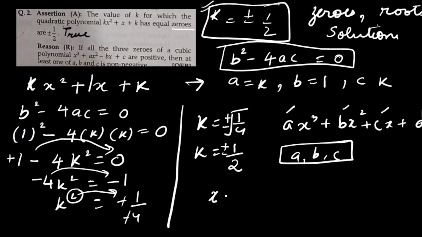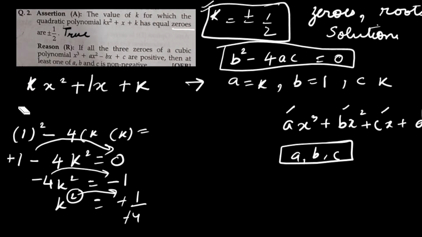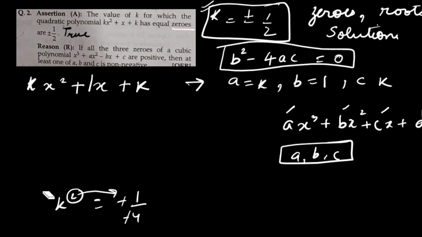If I have something like x plus 1 into x minus 1, I'll equate this with the quadratic equation and explain, because we have solved these equations many times, and in MCQ questions also.